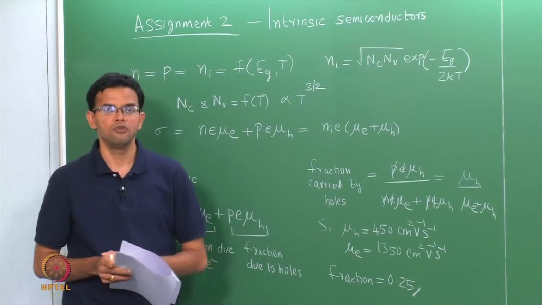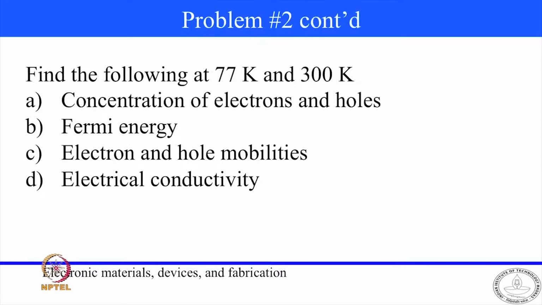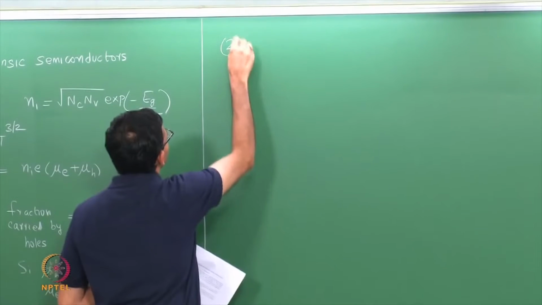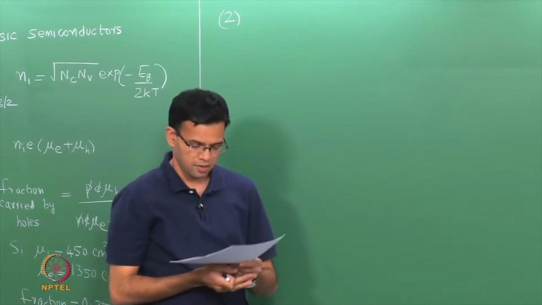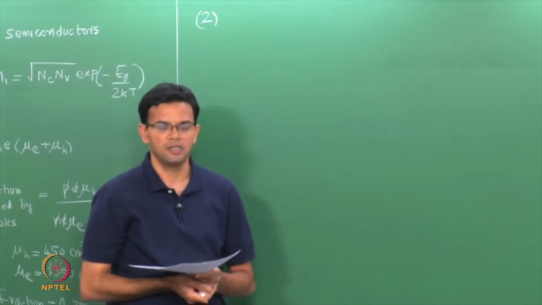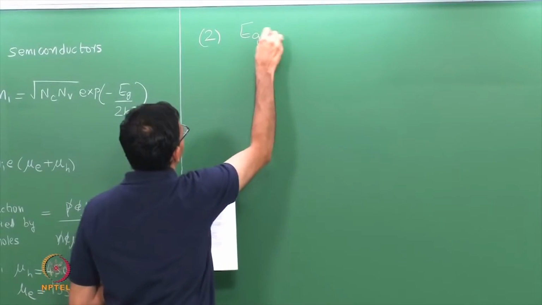So, let us now move to question 2. We have a pure semiconductor or an intrinsic semiconductor. The band gap is 1.25 eV.